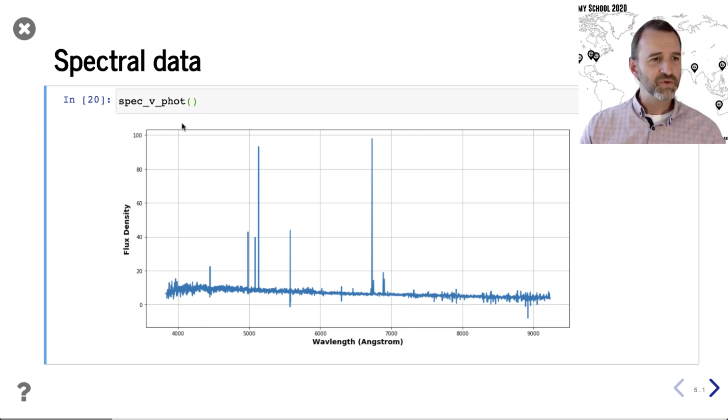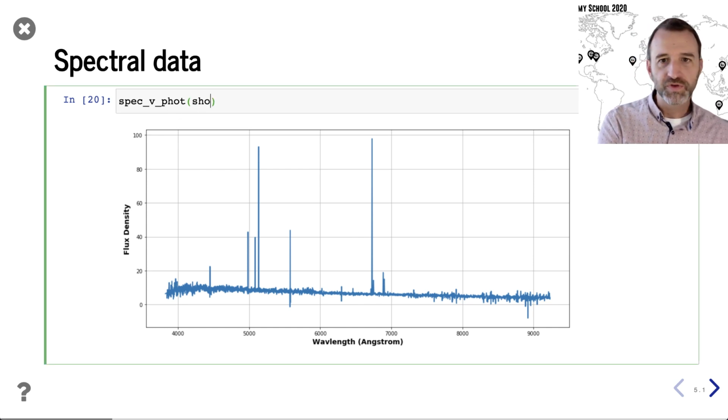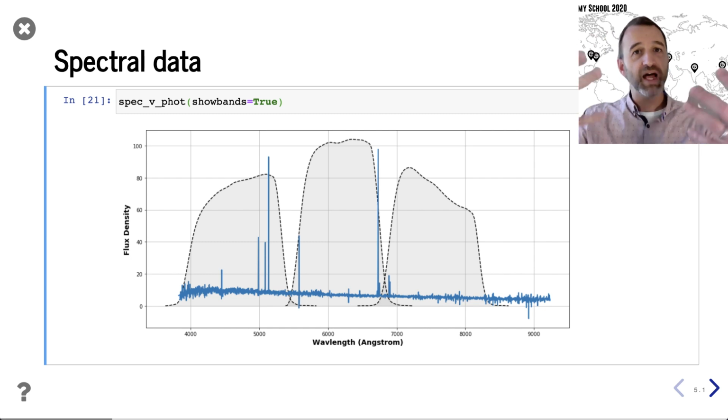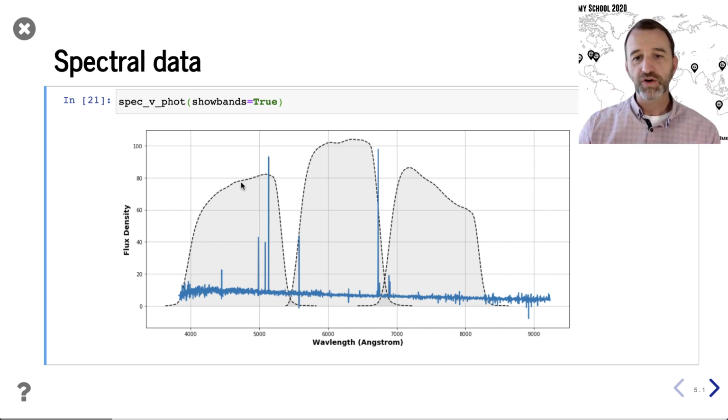So let's compare now what we're getting from spectroscopy to what we were actually seeing before in photometry. All we were doing with photometry is taking the same light that we're getting from that galaxy and using bigger bins to image it. That image I showed before is in the g band here.